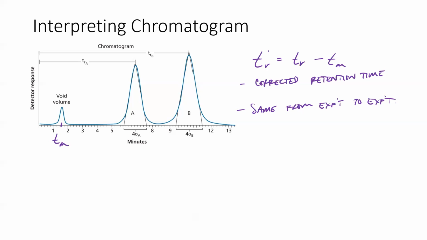It just affects how long it takes to get to the column. Because that does affect the retention time, the way we can correct for it is to subtract out that void volume, the time it takes to just pass through the instrument unaffected by the stationary phase.